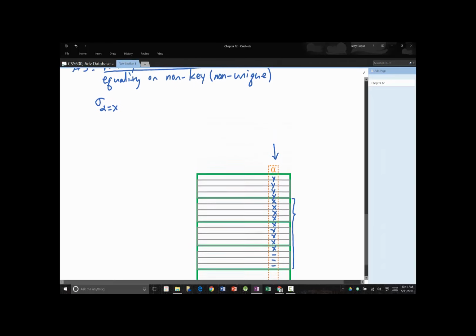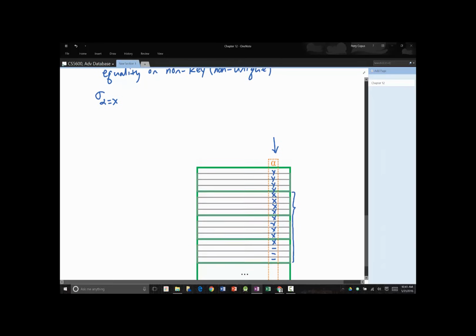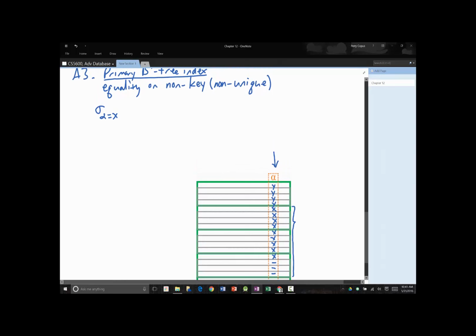Now then, with a primary B plus tree index, what does that look like? Well, you know what a B plus tree looks like. I've got a root somewhere, and I'm going to make this a fairly simple B plus tree just because we don't have a lot of room.